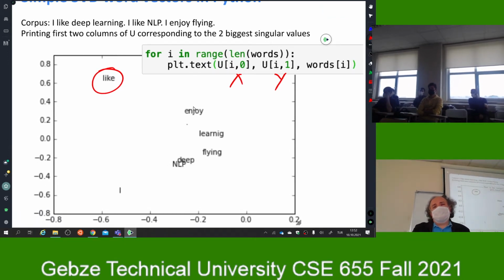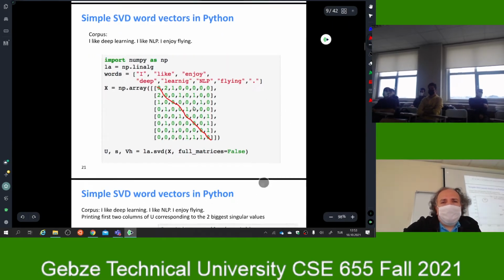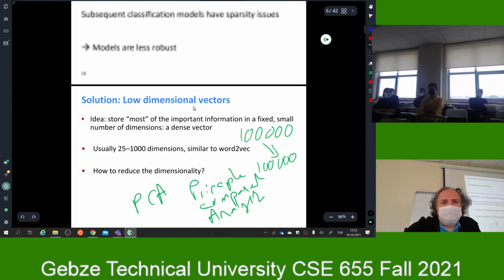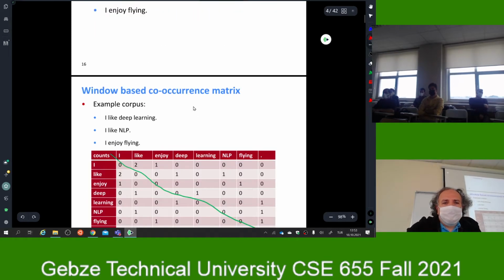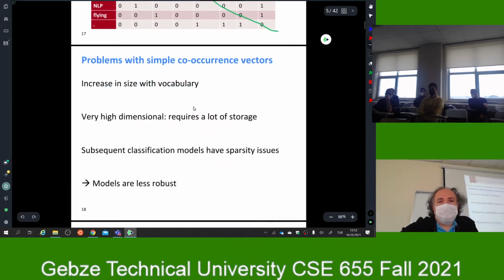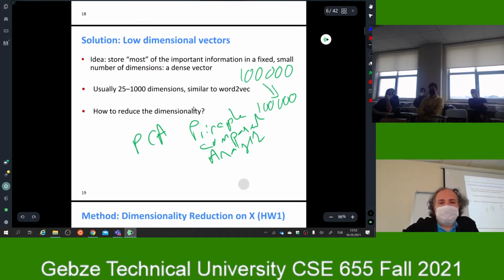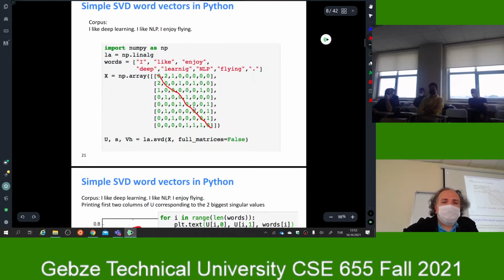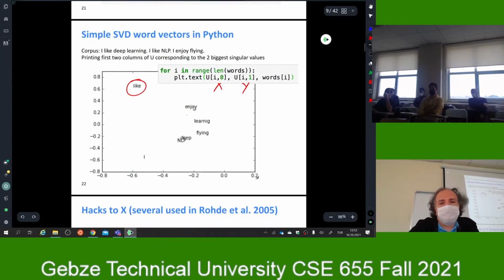So you might say that this is not that meaningful. I mean, why are deep and NLP close to each other and like is there and learning? Well, my data set is very, very small. My data set is just these 3 sentences, okay? If I had used hundreds of thousands of sentences, then this would have been more meaningful, but the algorithm would have been exactly the same.